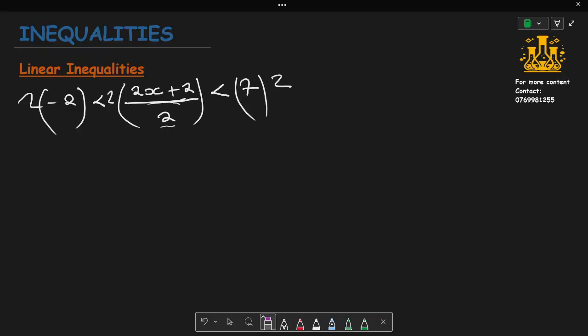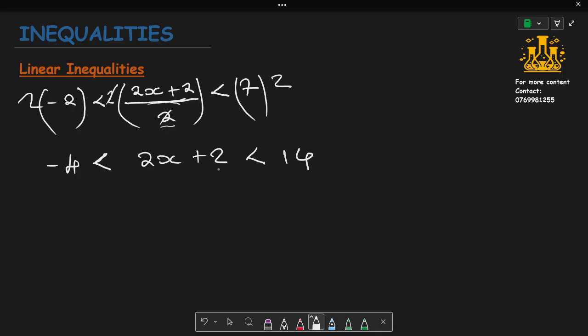That's how it works. So once you do that, you find that here you get a -4 to be less than this 2, and this 2 will cancel, you just remain with 2x plus 2. And again you have a less than, here you have 14. Okay, so now we have this.